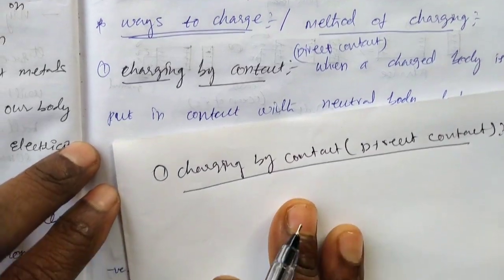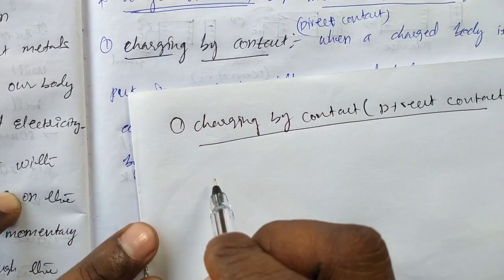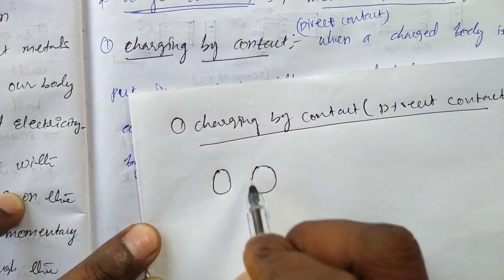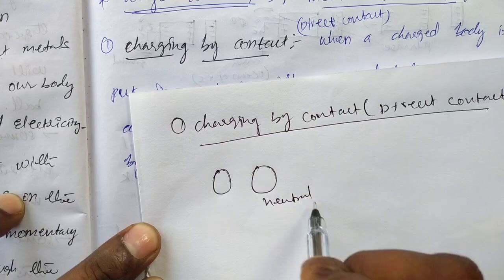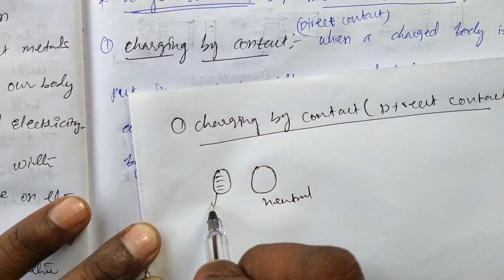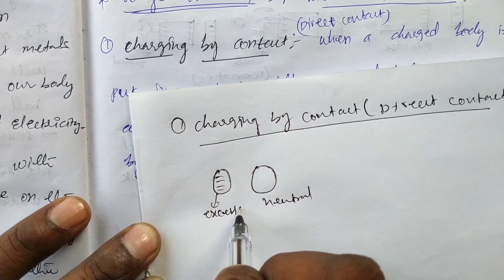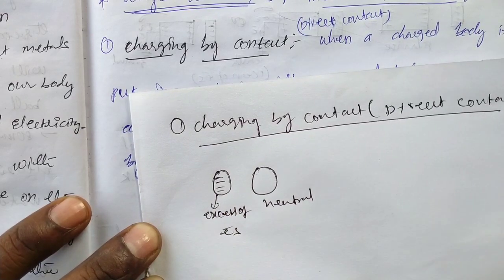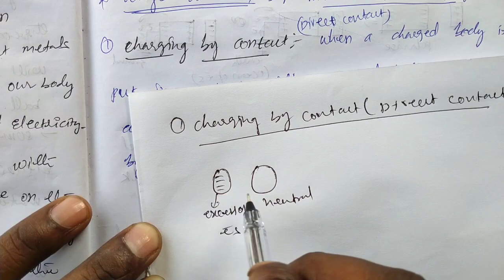In this case, one body is neutral and one rod has an excess of electrons, separated by some distance.